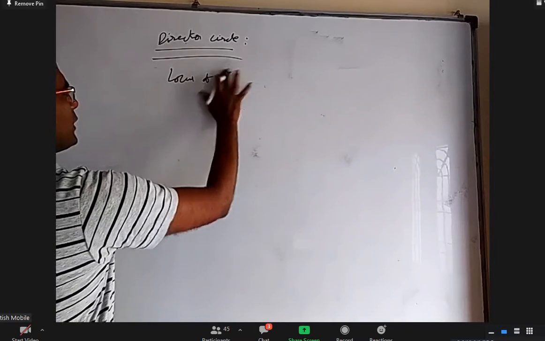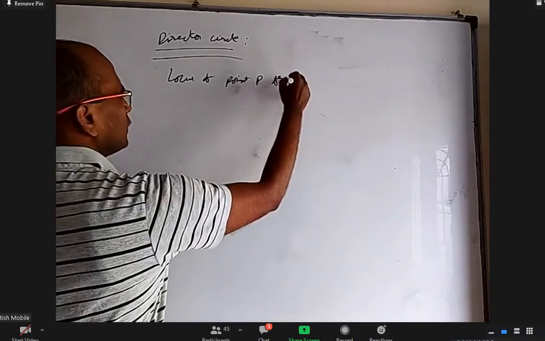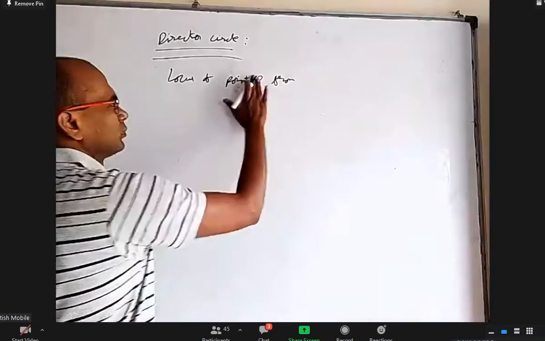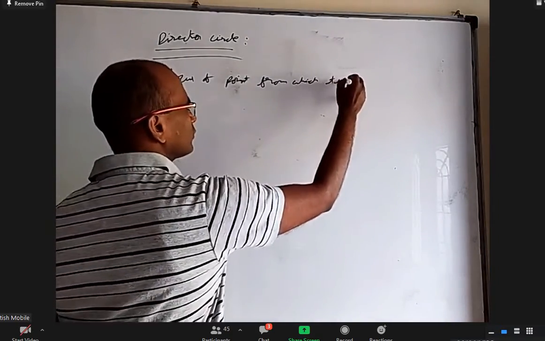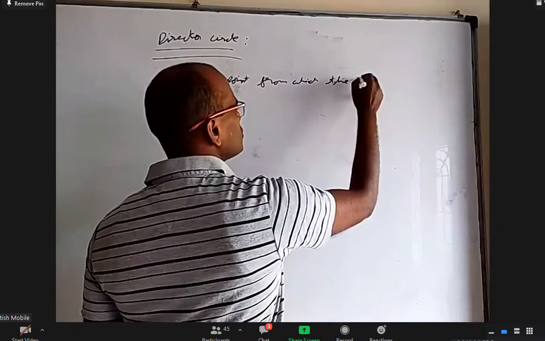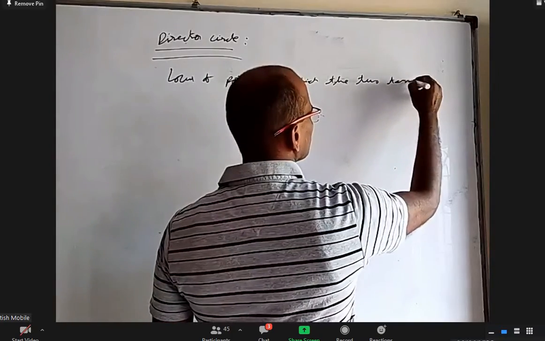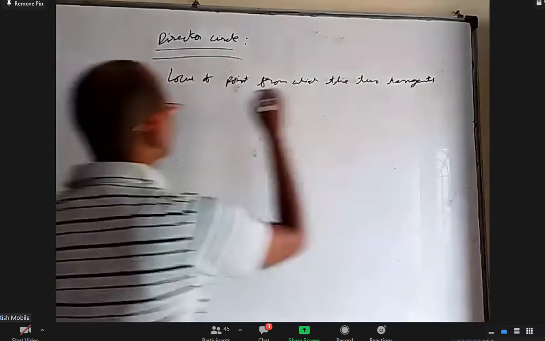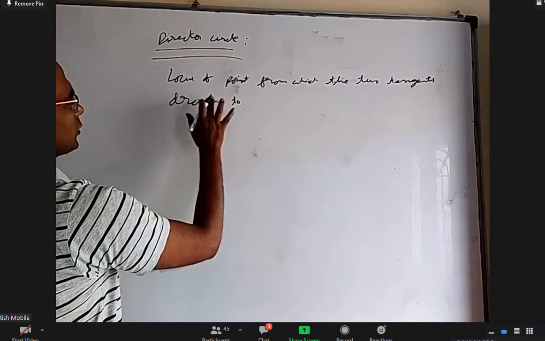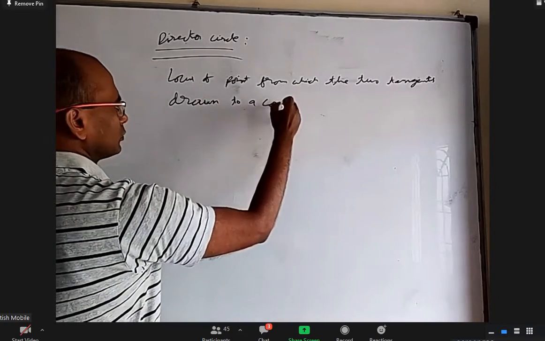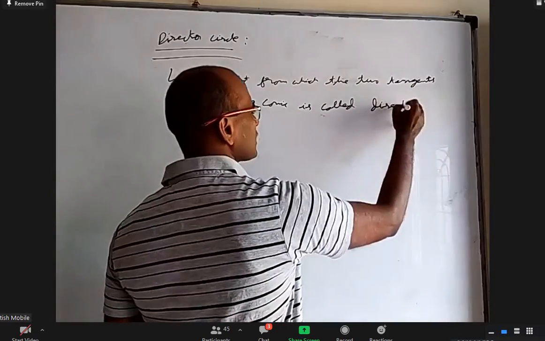Locus of point P, locus of a point from which the two tangents drawn to a conic are perpendicular is called the director circle of the given conic.